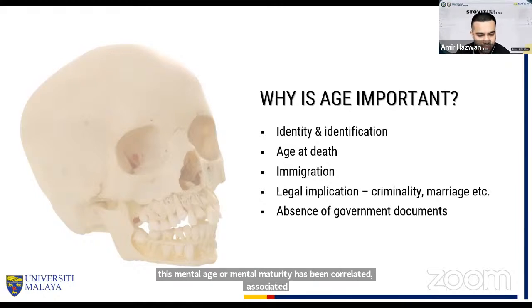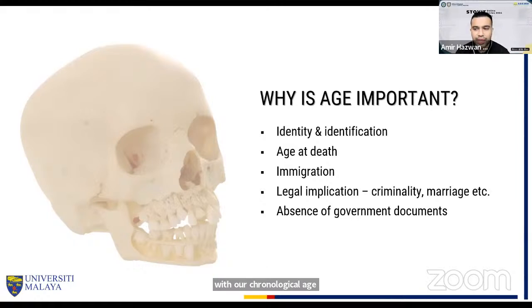So this mental age or mental maturity has been correlated, associated with our chronological age. At the age of 18, or 16 in certain countries, we become responsible for our own actions in the legal sense.